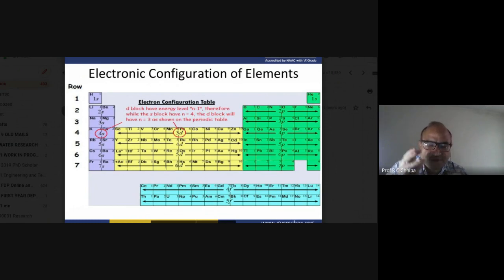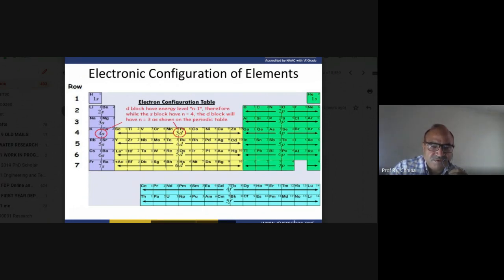So that is the only space where the electrons are probably present. That is the atomic orbital.